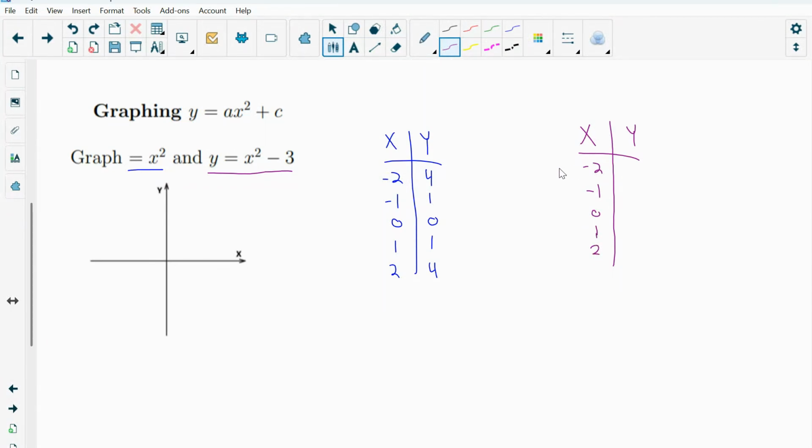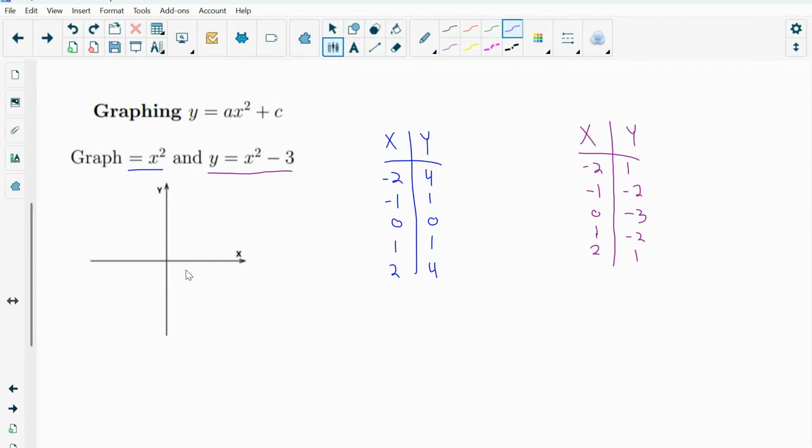Now I'm going to repeat the process. Negative 2 squared, we know that is 4, minus 3 is 1, 1 minus 3 is negative 2, negative 3, negative 2, and 1.